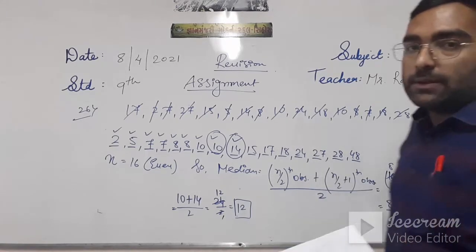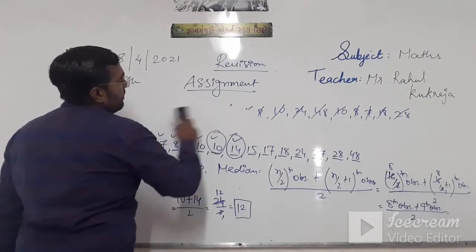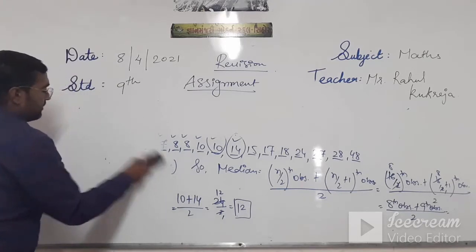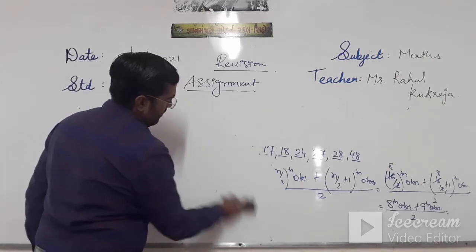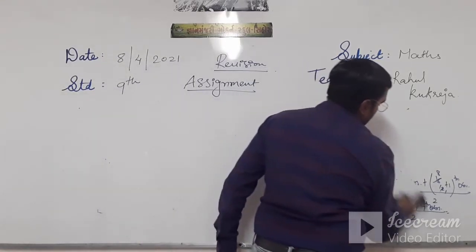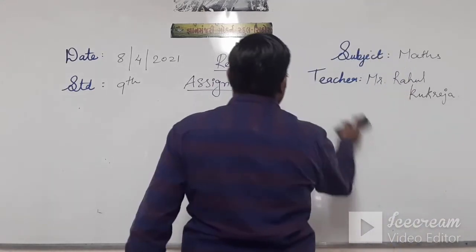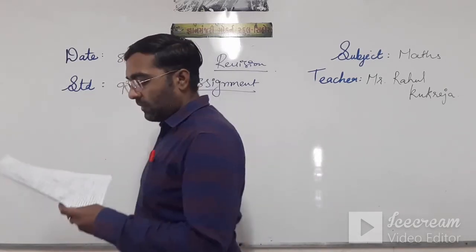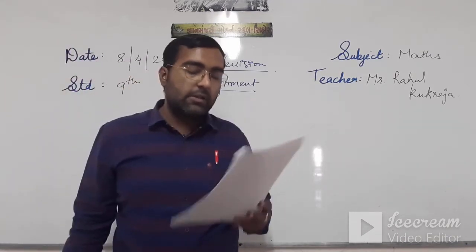Now question number 27. Question number 27 is: every irrational number is a real number.